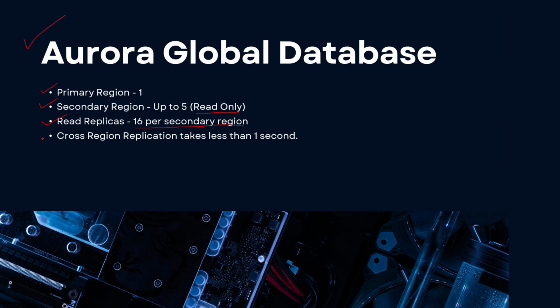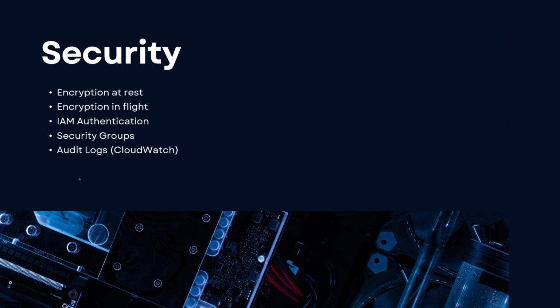And another really awesome thing that I like about Aurora Global Database is that cross-region replication takes less than 1 second, which basically means if I am making any update to my primary region global database, within 1 second, all of the other databases will be updated, which is really fascinating.